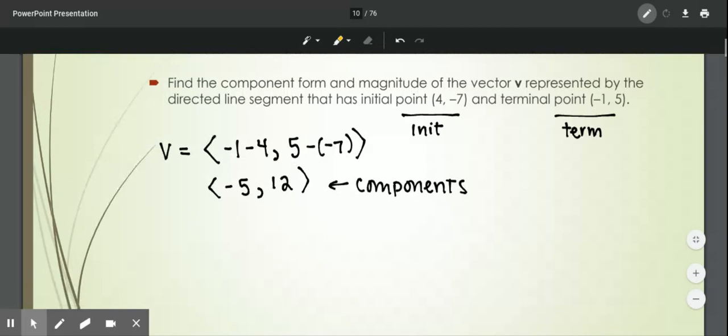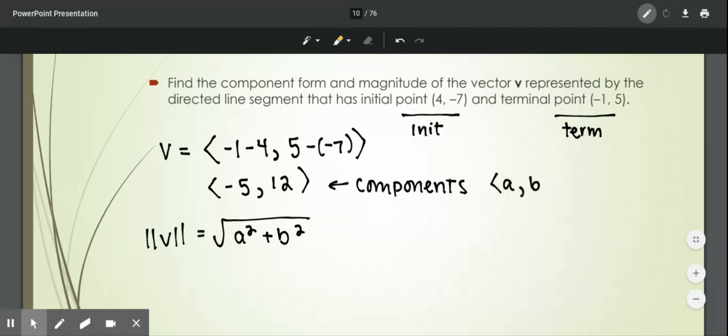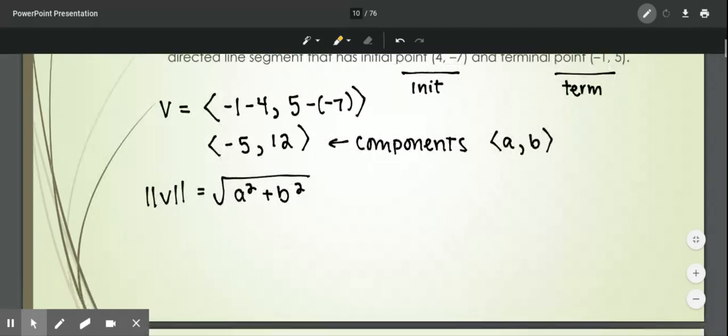And then if we need to find the magnitude, so the magnitude has that double absolute value around it. That means your magnitude. Remember, that's your square root of your component squared. So of your a squared plus b squared, right? And these were the components a and b. So if we want to find the magnitude, we're going to do the square root.